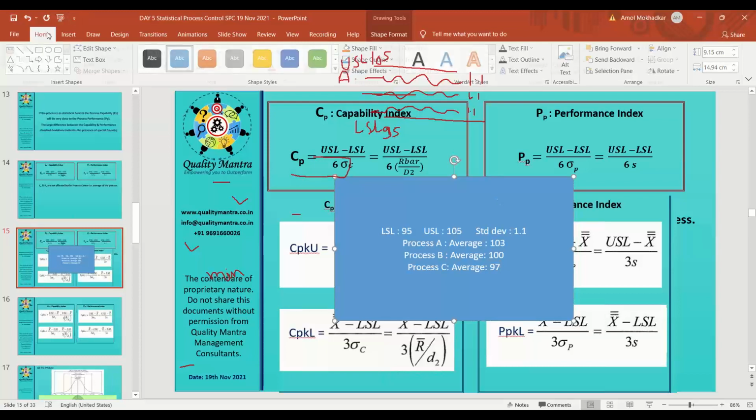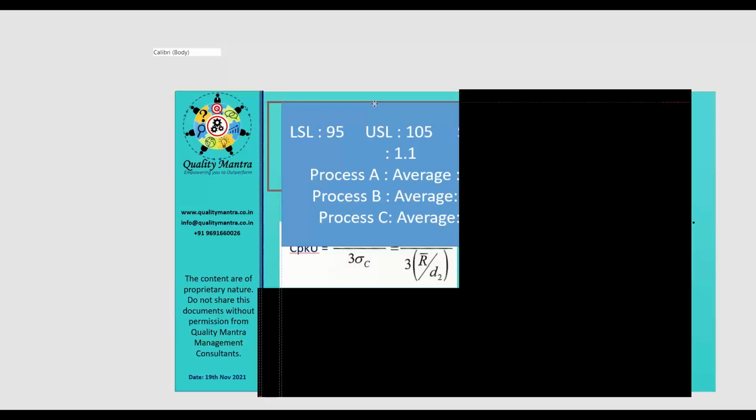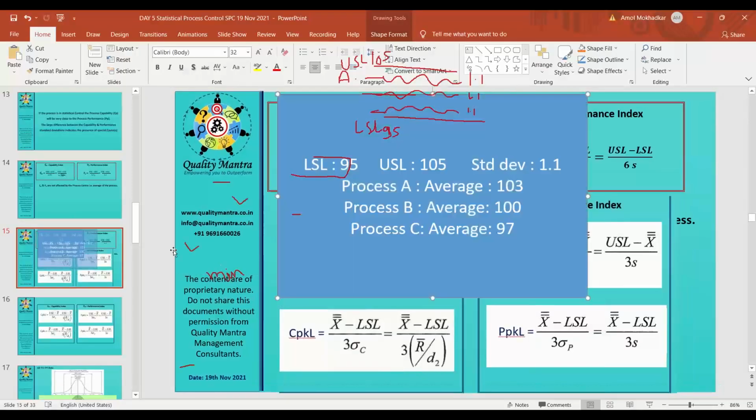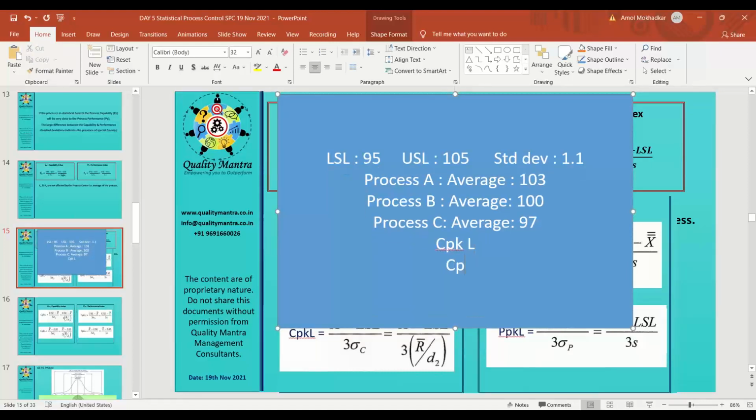Could you please calculate the CPKL and CPKU? Please calculate CPKL and CPKU. Or first you calculate CPKU and CPKL, whatever it may be.